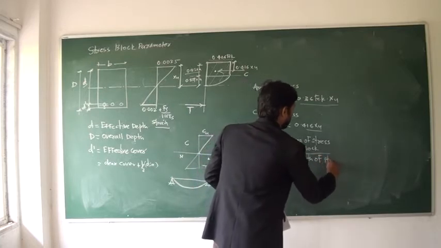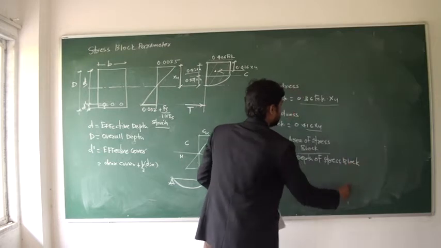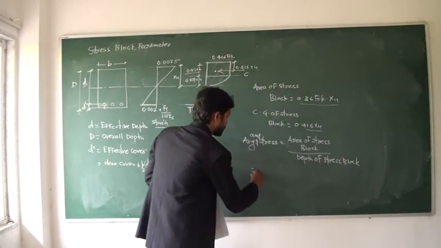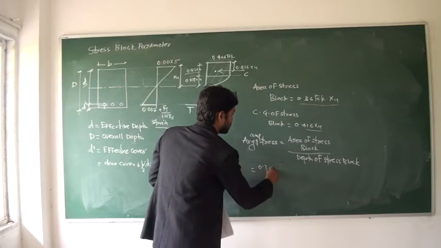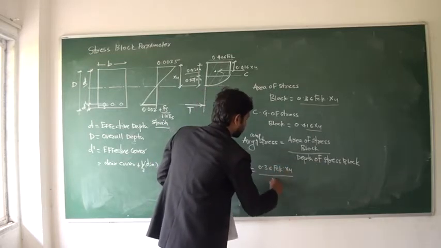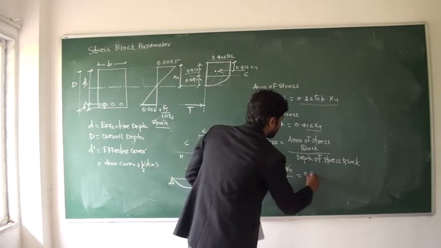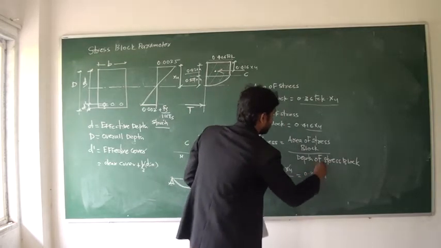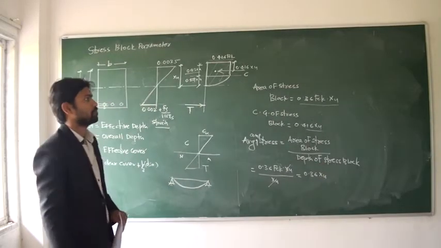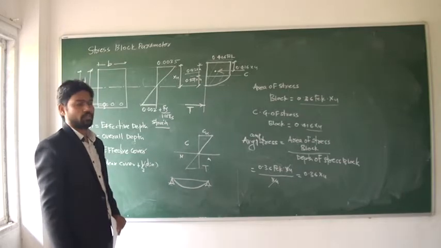The area of the stress block is 0.36 FCK into XU, divided by the depth of the stress block, which is XU. So this XU will get cancelled. Average stress is 0.36 FCK. This is how we can calculate the average stress.